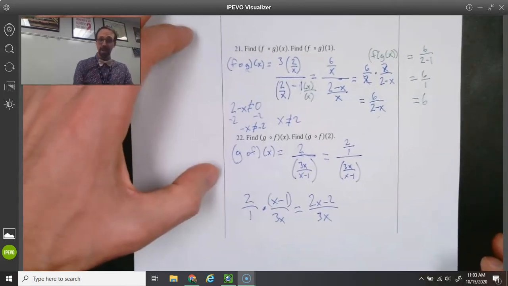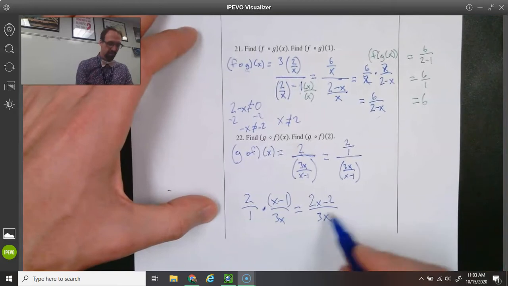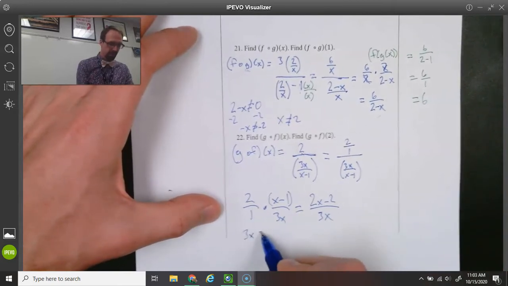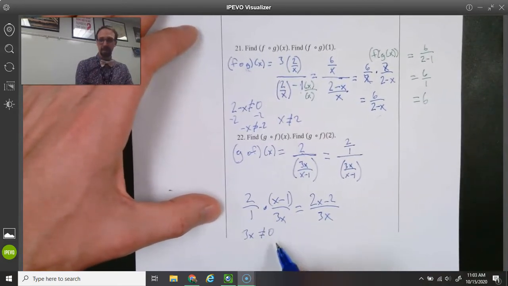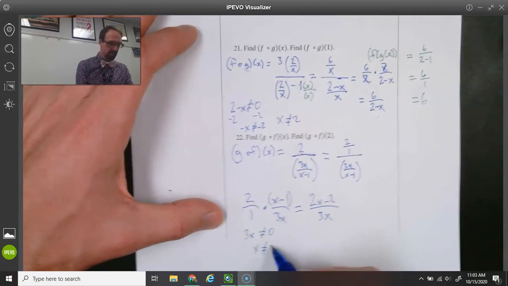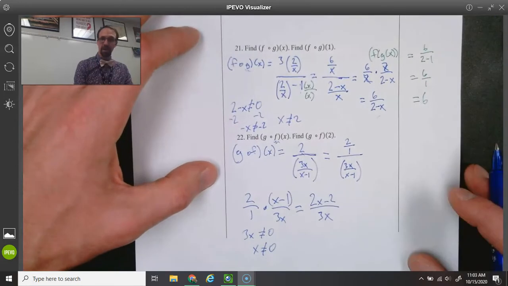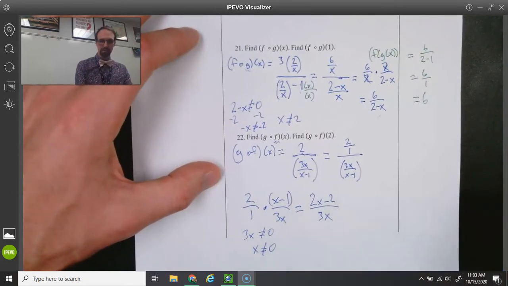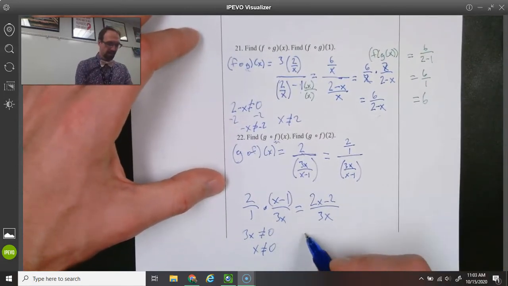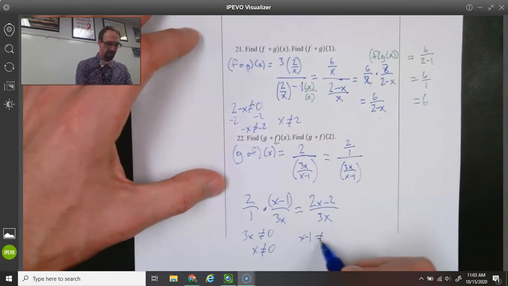Again, to find the domain, we need to set the denominator not equal to 0. So 3x not equal to 0, so that means x can't be 0. And then we also need to look at our f of x, whatever value it's composed with. So that's going to be x minus 1 not equal to 0.